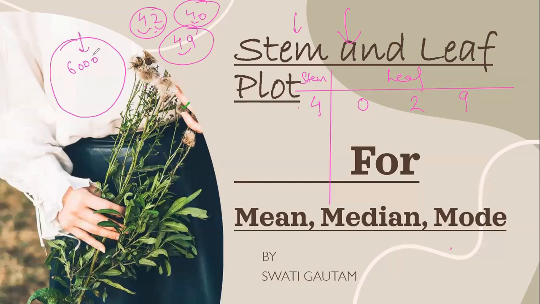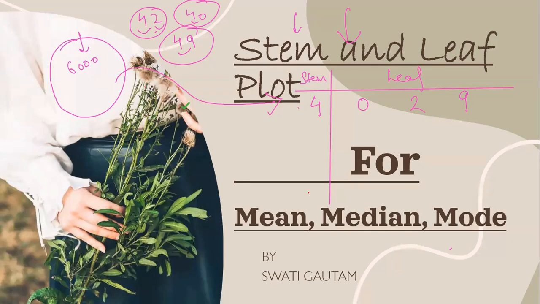It will not be conducive to show the data of 6,000 students in an organized table, because we would need such a big paper to put all the data. So that is the disadvantage of showing big data on the stem and leaf plot. Okay, so let's understand this by using an example.